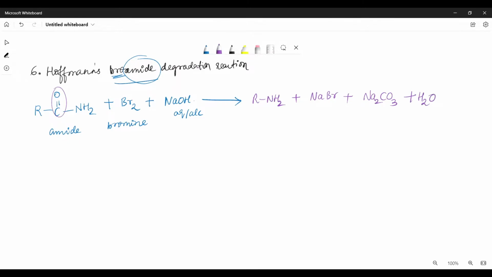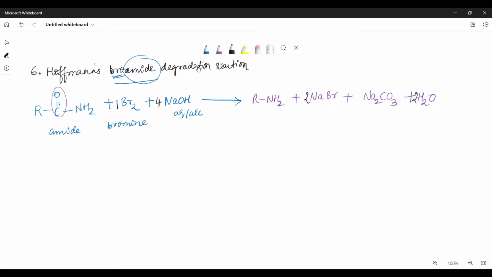Balancing the reaction is not required in organic reactions, but in case we need to balance this reaction, for 1 mole of bromine we will need 4 NaOH to get 2 NaBr and 2 H2O. This will be the reaction.